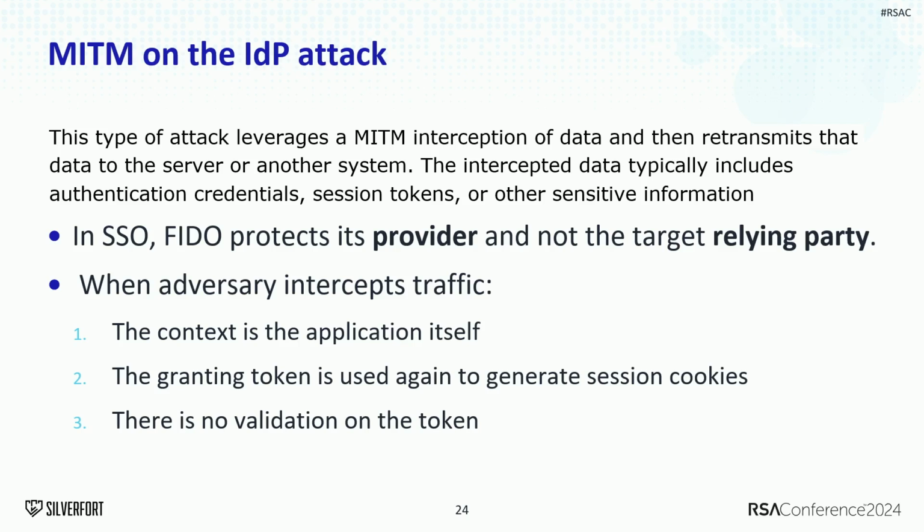And we see that most applications, even the native ones, do not validate the token itself. It doesn't matter if I obtain the token and use it from a different device, a different location, or a different user agent or browser.